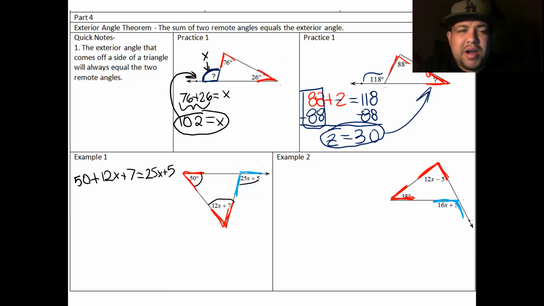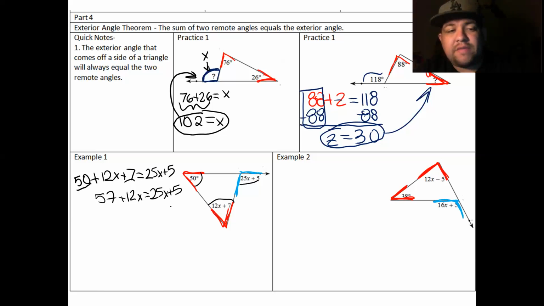So I'm going to combine like terms, distribute, move the smaller value of x, add, subtract, multiply, divide. Hope you guys got that. So we're going to get 57 plus 12x is equal to 25x plus 5.